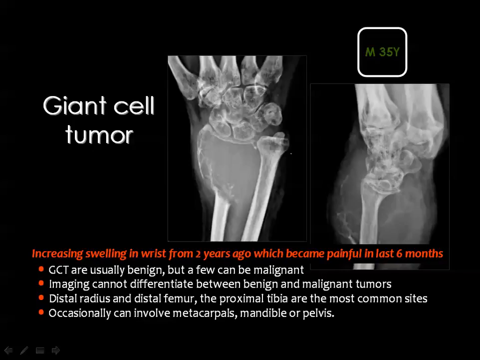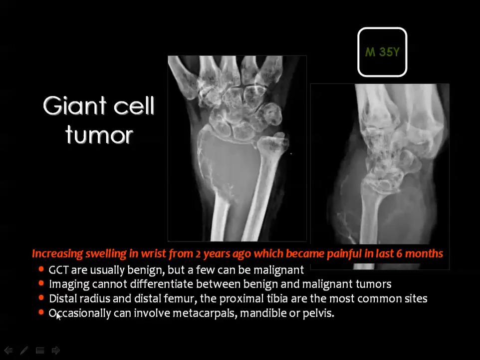Then giant cell tumors are usually benign or locally malignant, let us say, and few will have an evident malignant criteria. Usually by imaging you cannot differentiate between the benign type and the malignant type of this tumor, and you see an expanding lesion in the distal part of the radius reaching the articular surface, and it has no sclerotic margin. You cannot say if this is the benign variety of the tumor or the malignant one.